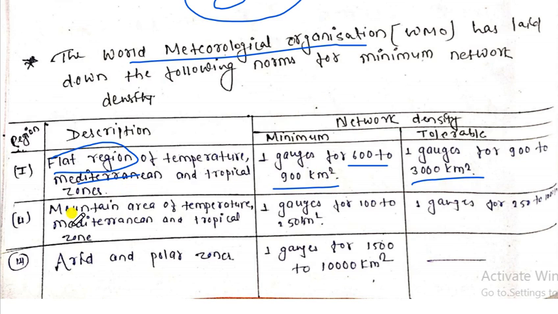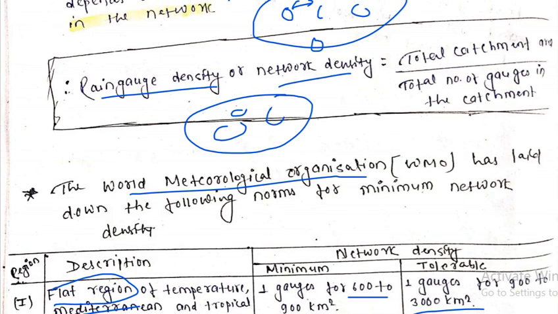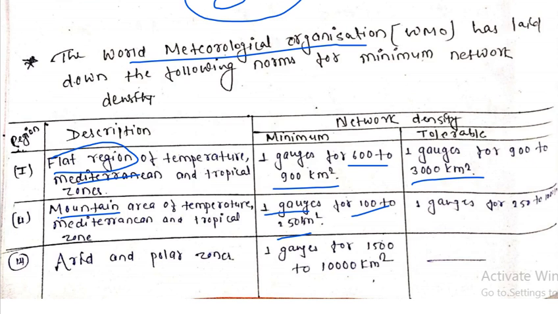Similarly for mountain areas, as the rainfall in mountain areas is high, one rain gauge can cover only 100 to 250 square kilometers. This is the minimum network density, or minimum rain gauge density. And the tolerable is 250 to 1000 square kilometers.